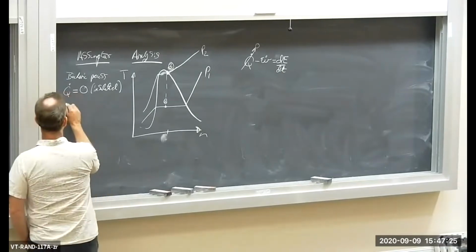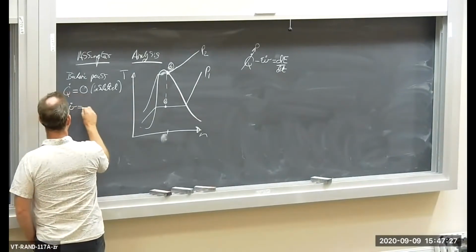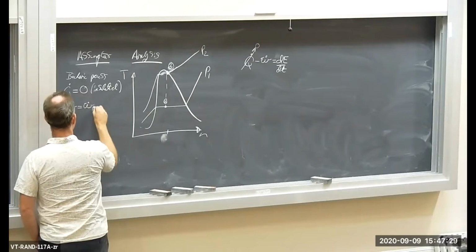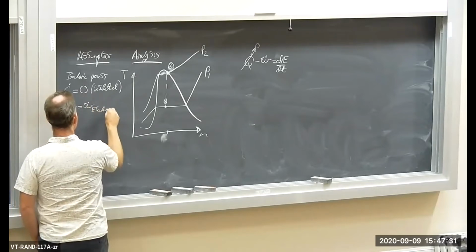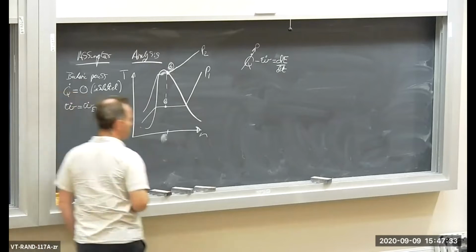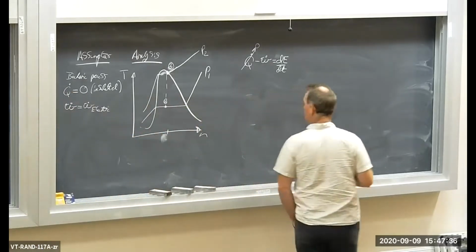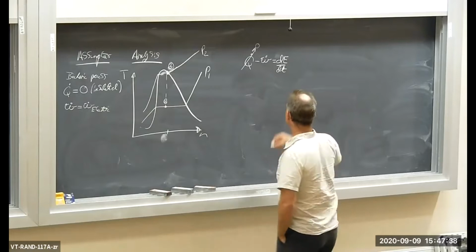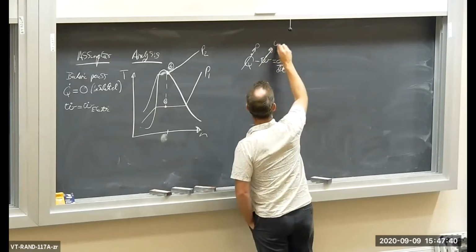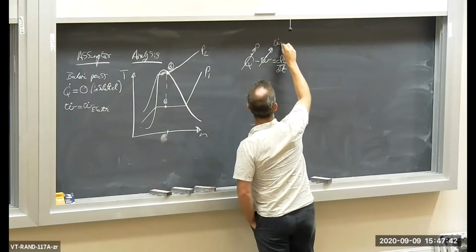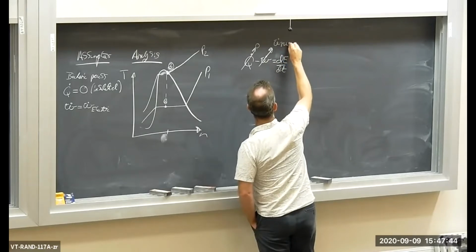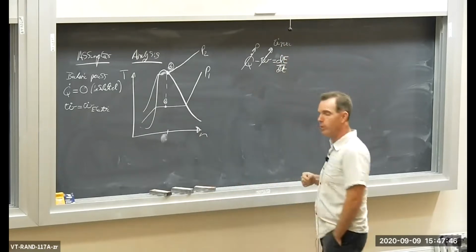I'm going to write here W dot is equal to W dot electric. We're assuming it to be isochoric. No shafts in there, so I think that's a good assumption. Okay, that's what W dot is.